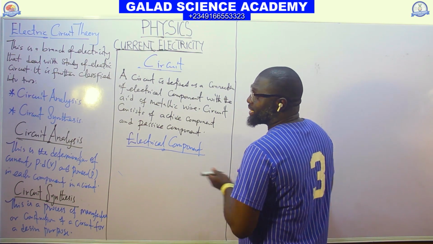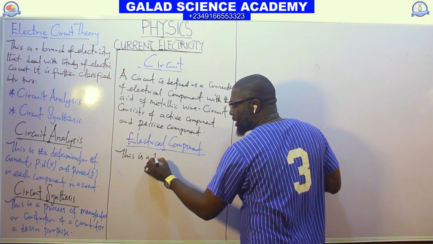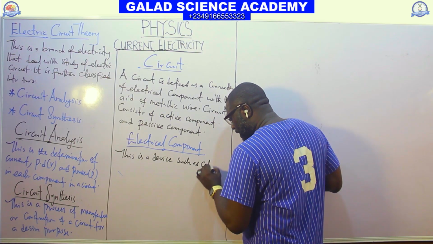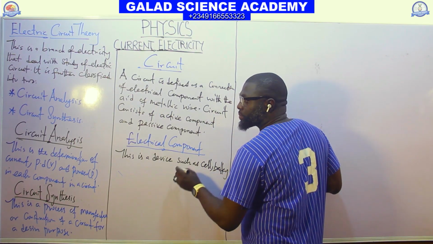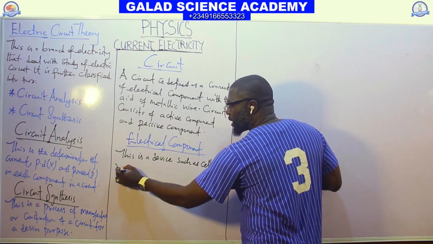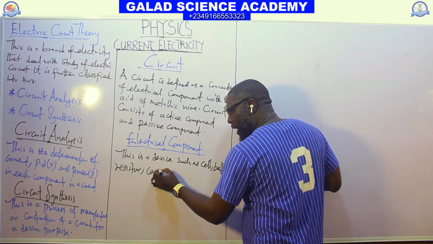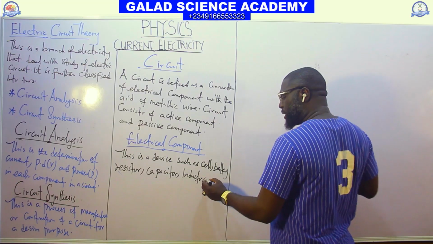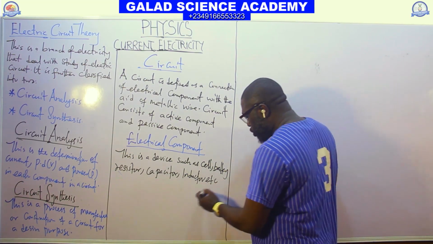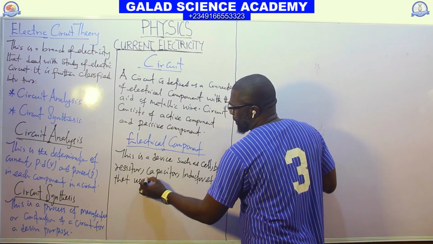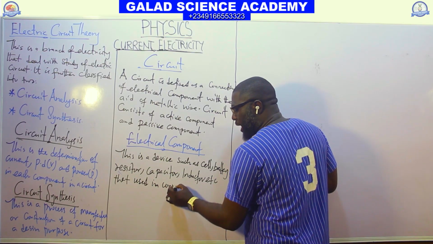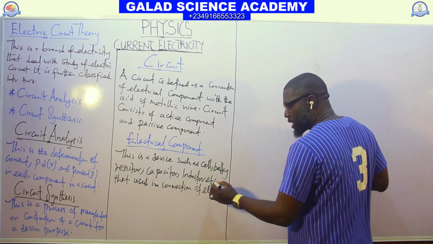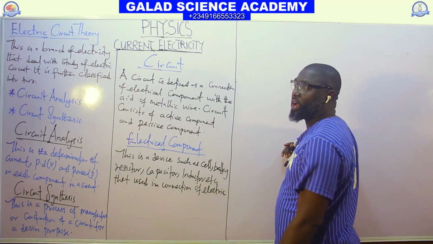So an electrical component is a device such as cell, battery, resistor, capacitor, inductor, etc., that is used in the connection of electric circuits.